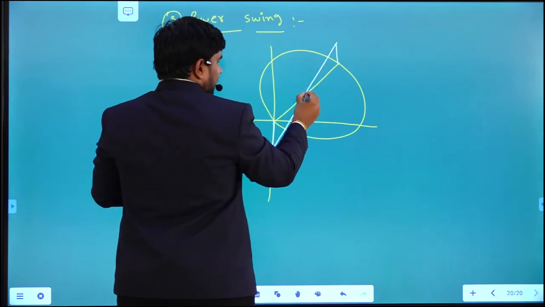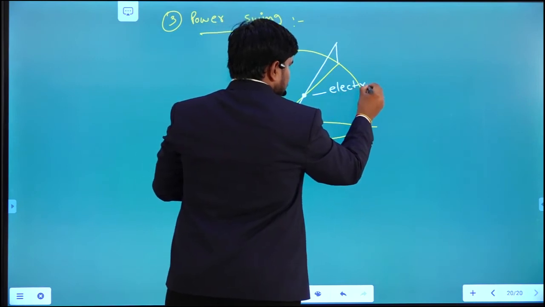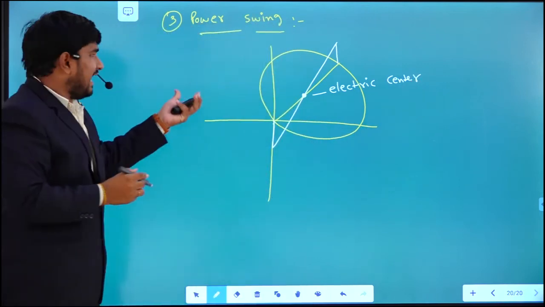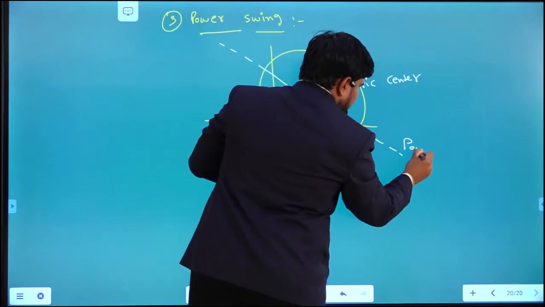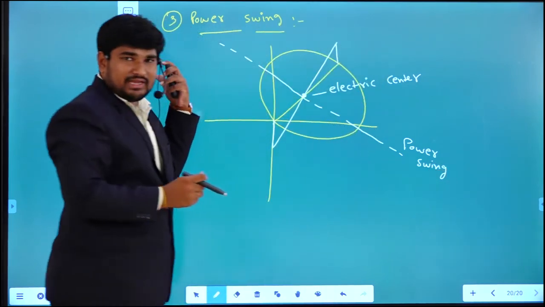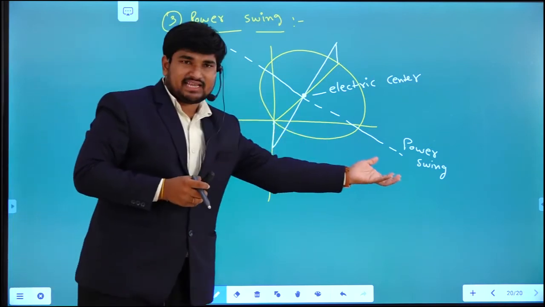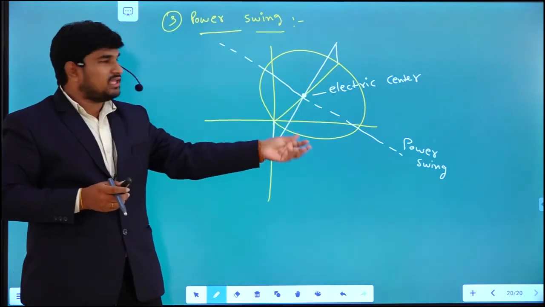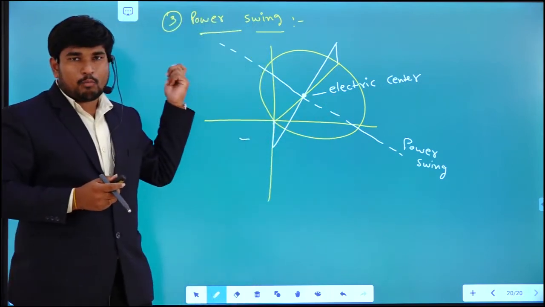So this is the modified electric center. Now the power swing characteristics will flow like this. This is the power swing characteristics. Compared to the last two, that means the reactance type and impedance type relays, the power swing characteristics is confined to a small region only in the case of the Moore relay. That's why the power swing effect is somewhat reduced in the Moore type relay.